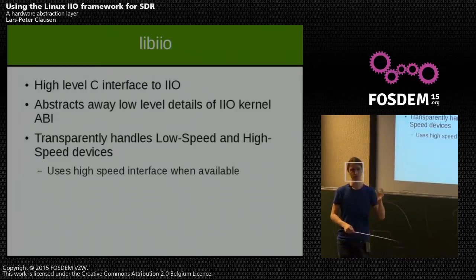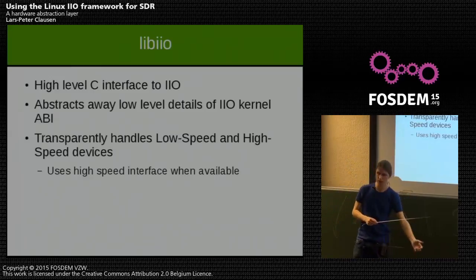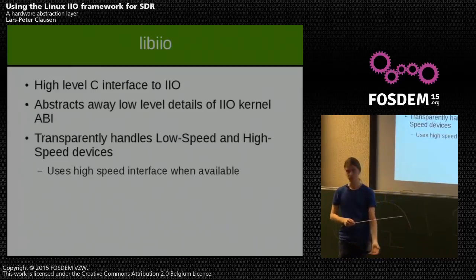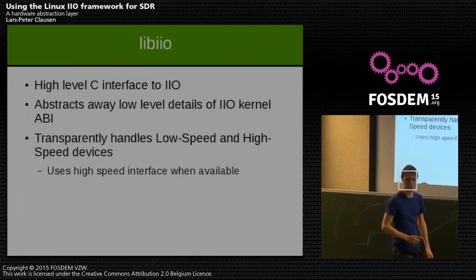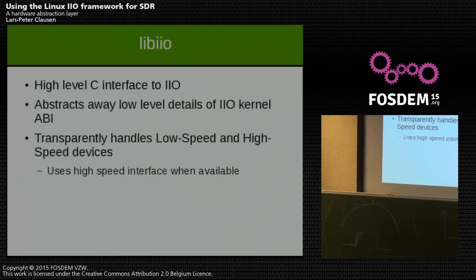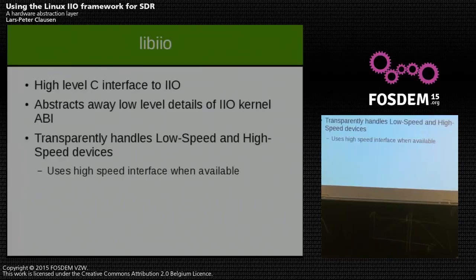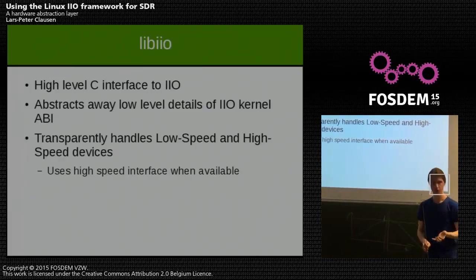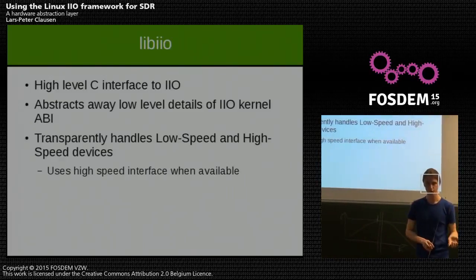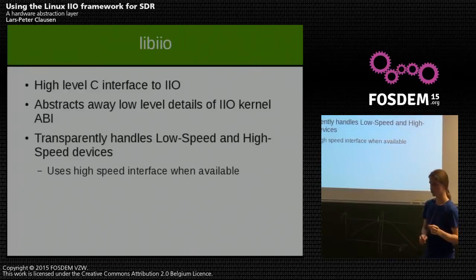So when you write an application, you don't want to necessarily deal with all these sysfs files. What libiio does is it reads the information about the device and the channels from sysfs and builds it into C data structures that your application can use and work with, so you don't have to do any raw access to sysfs.